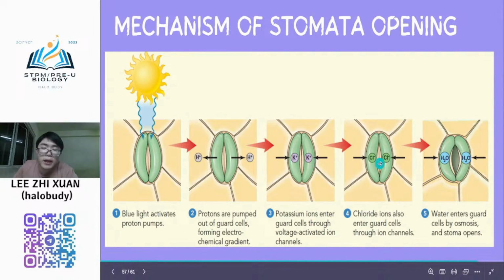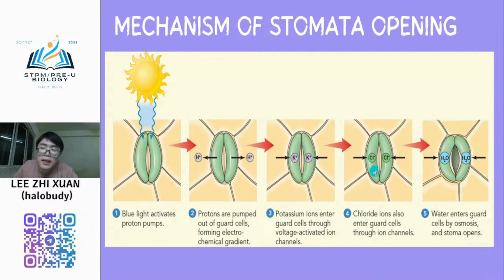Once the potassium ions and chloride ions enter the guard cell, the water potential inside the guard cell becomes very low. So the water will enter the guard cell by osmosis, and this will cause the stomata to open. So this is the general process.